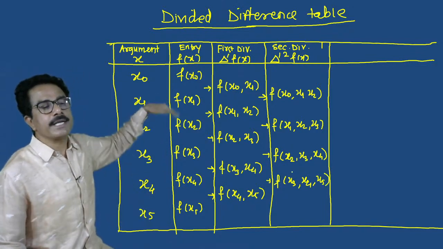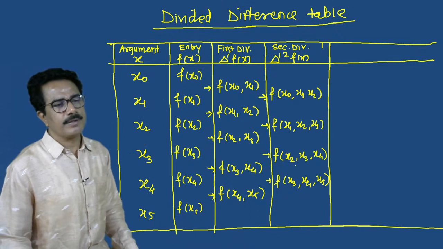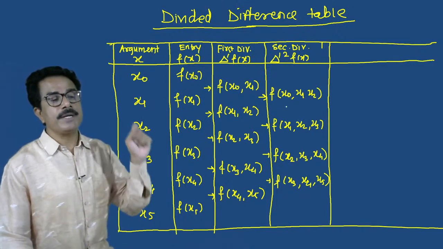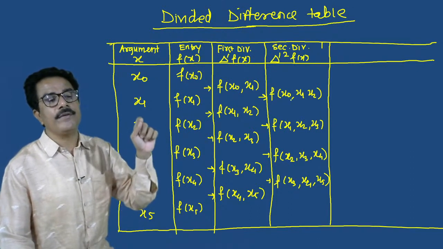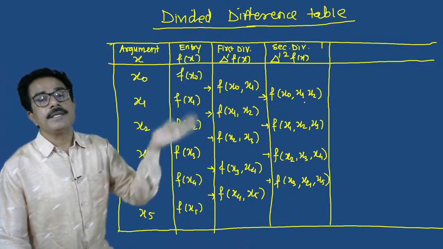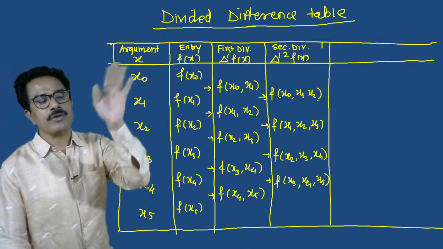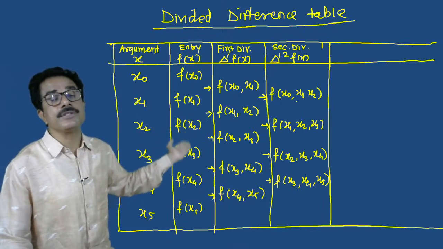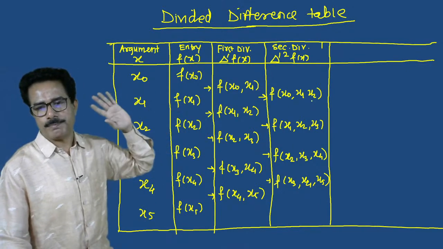This is the second divided difference. It can be obtained in such a way that f of x2 comma x1 minus f of x1 comma x2 divided by x0 minus x2.